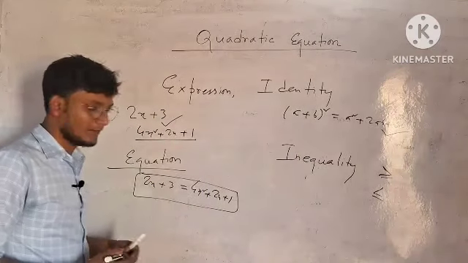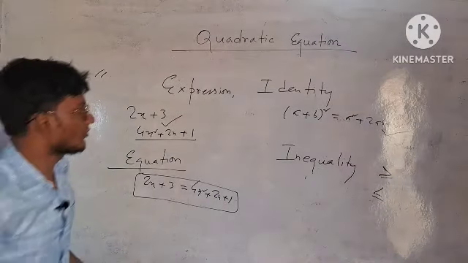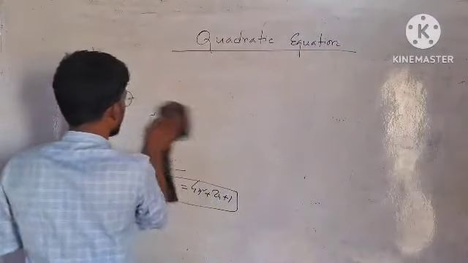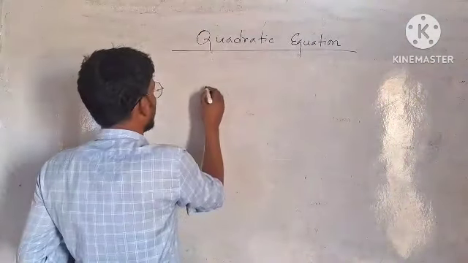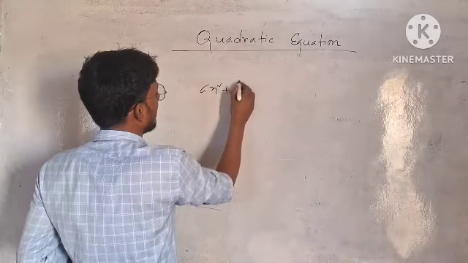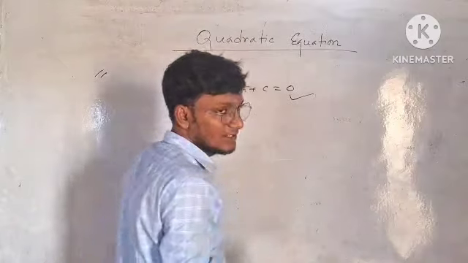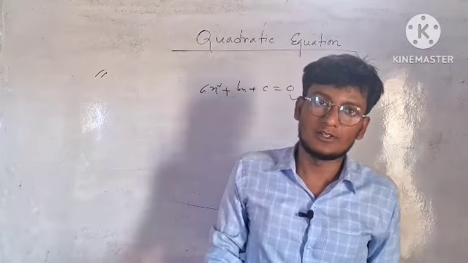So what is quadratic equation? As far as quadratic equation is concerned, ax square plus bx plus c is equal to 0. That is the general form of a quadratic equation.